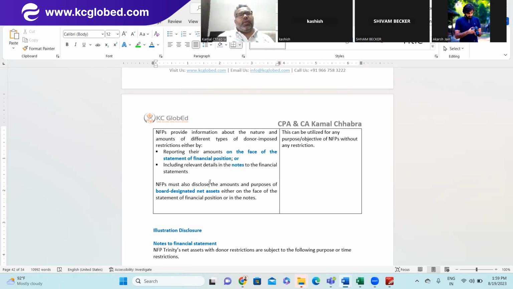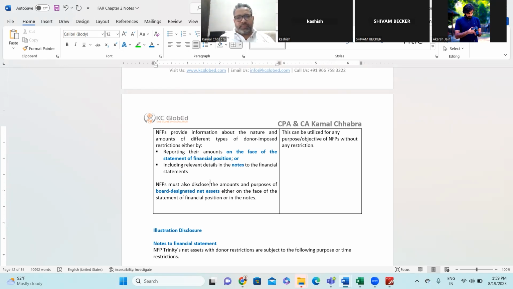That means you have received free money, money without restriction. But out of that free money, you can choose that 10% will be used for capital expenditure, for building or upgrading the facilities, because if you increase the facilities, more and more donors will come and more people you can accommodate.